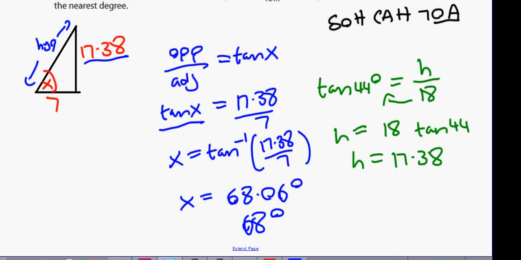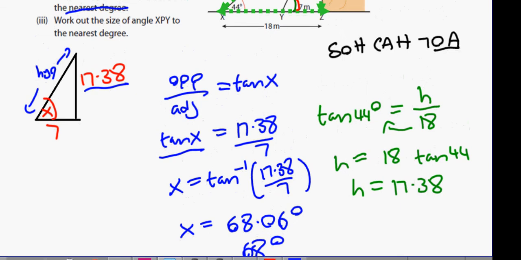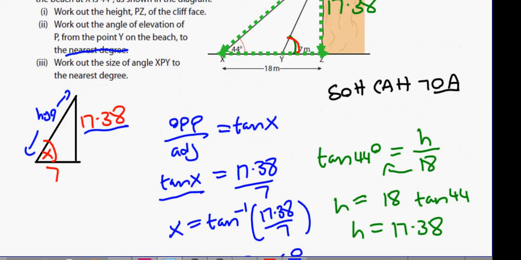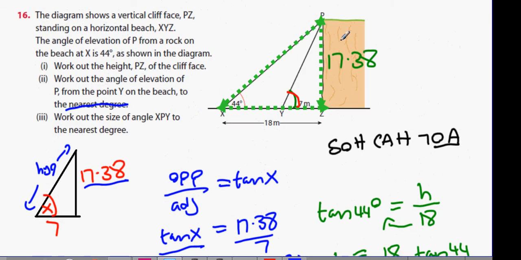Moving on. Work out the size of the angle XPY to the nearest degree. XPY, that's interesting. Lads, how do we figure out XPY? This one in here. Can anybody tell me?